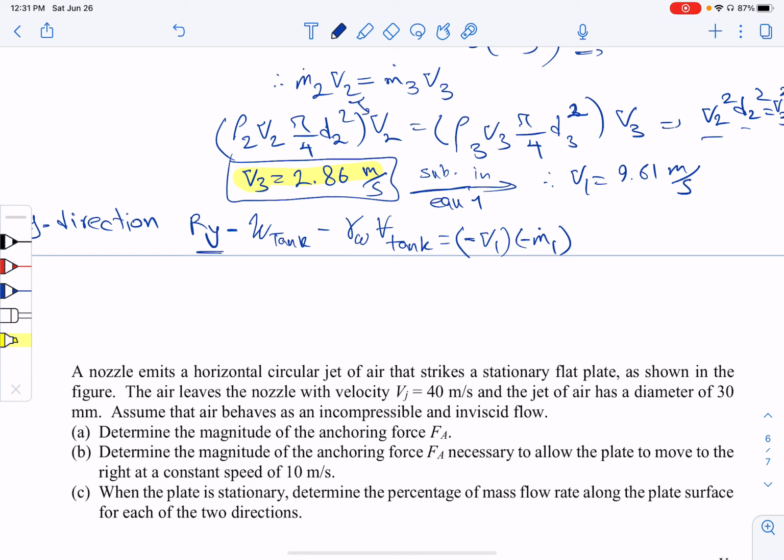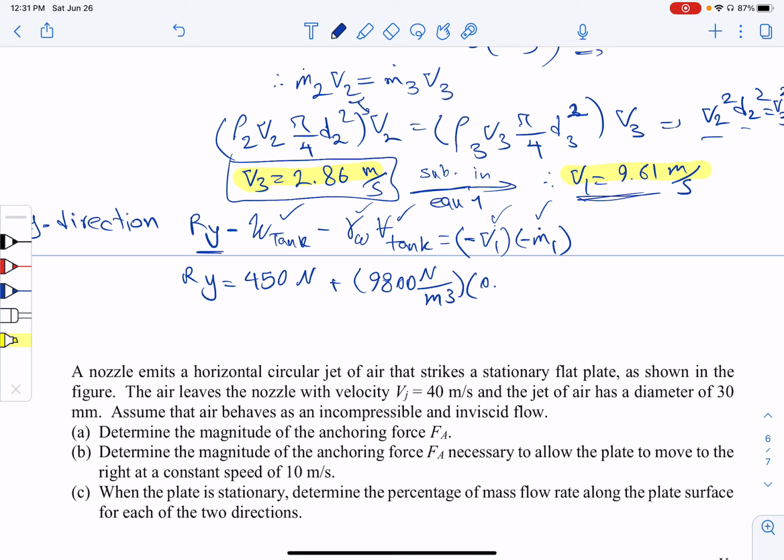Now let's put in all of the values that we have. We are trying to find Ry. We have the weight of the tank, gamma of water, the volume of the tank, V1 that we just found, and m dot 1 because we know V1. So I'm writing down Ry, and instead of the weight of the tank, we know it's 450 Newton, plus gamma of water, which is 9800 Newton per cubic meter, times the volume of the tank.